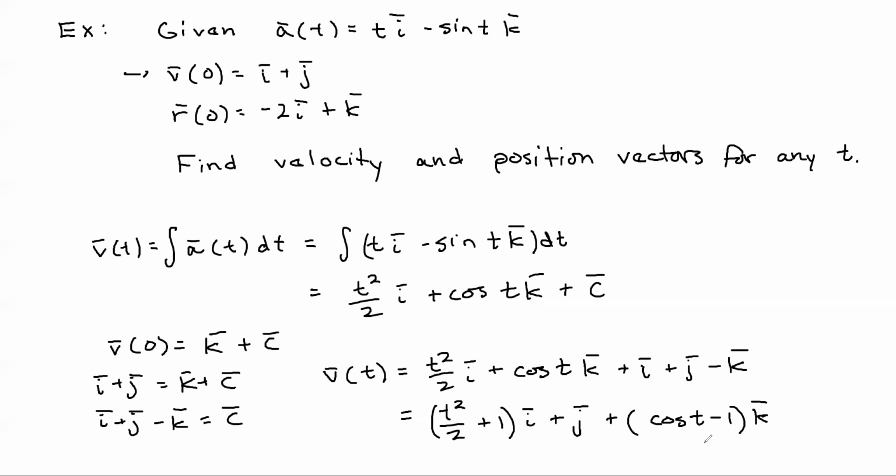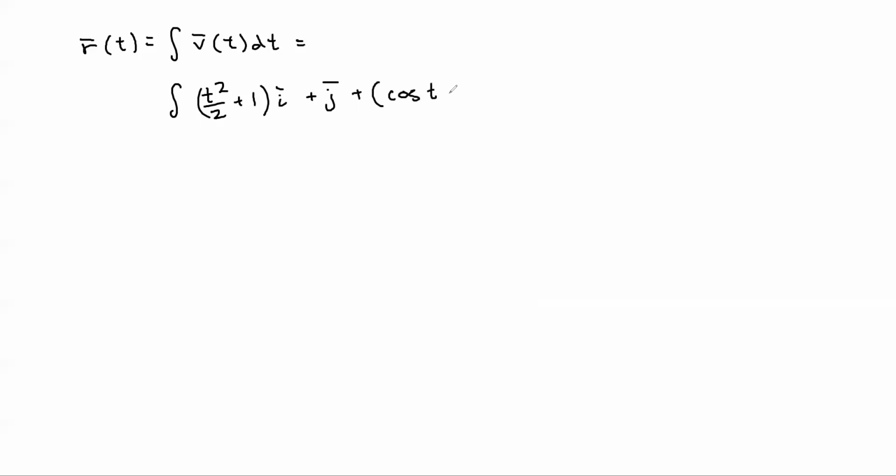Okay. And then next, to find position, we want to integrate that. So r of t equals the integral of v of t dt. That's going to be the integral of t squared over 2 plus 1 i, plus j, plus cosine t minus 1 k, dt.